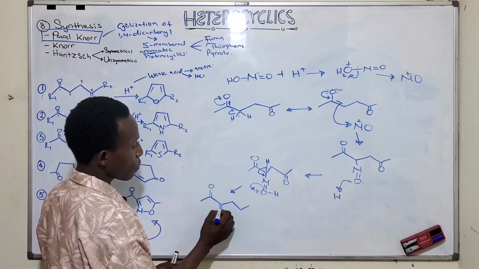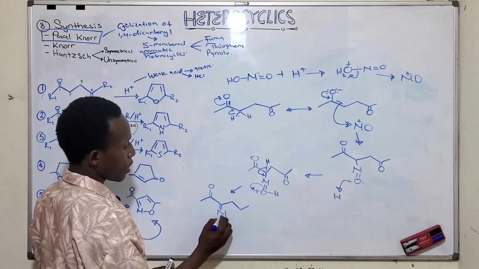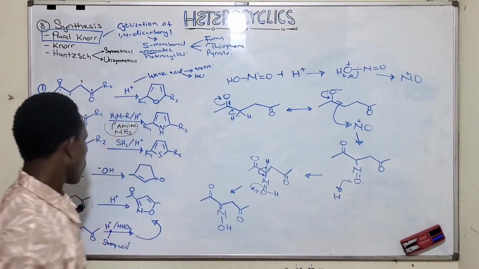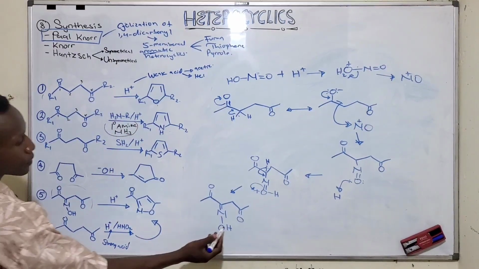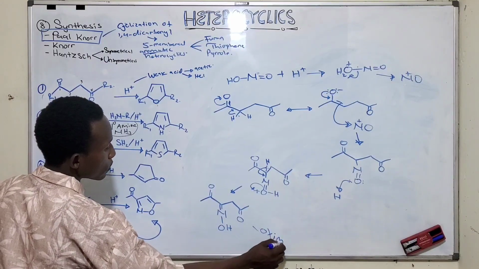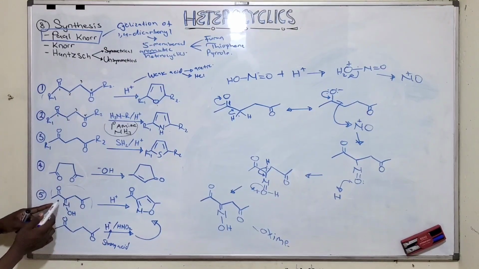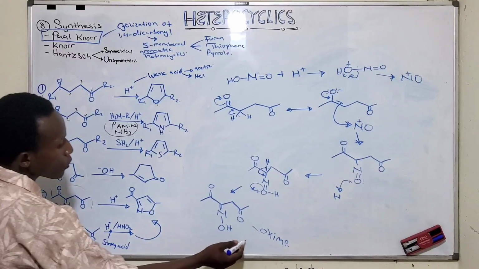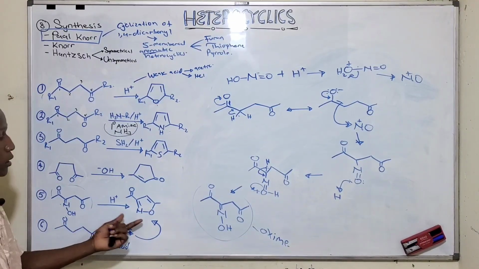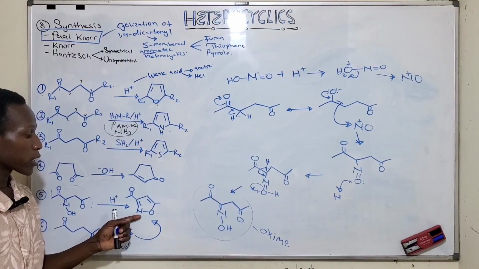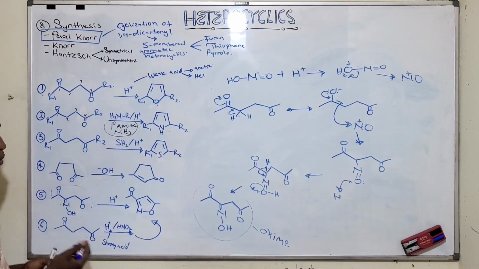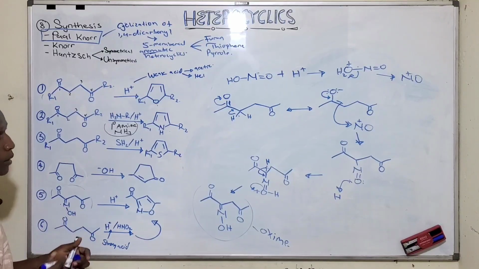Now we're having a double bond with N and OH. So this product we are having, it is oxygen, and it's the same product here. So meaning that when you reach here, the same mechanism goes and takes you to the product, which is isoxazole, after getting the oxygen. So you continue with the other mechanism we have done.